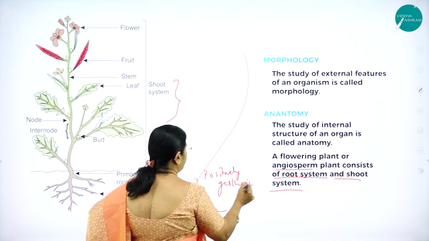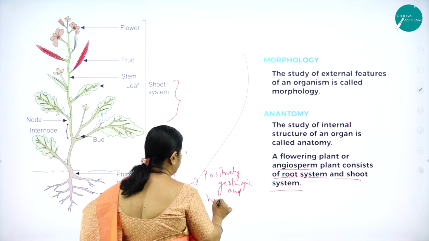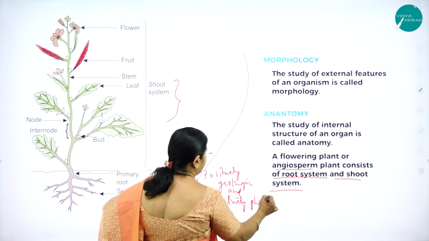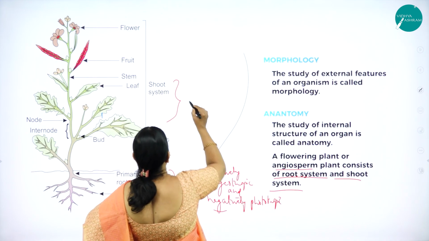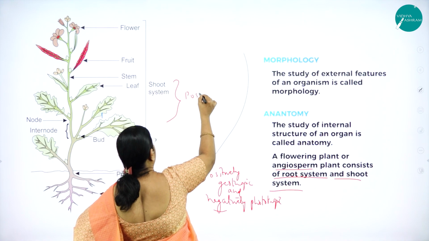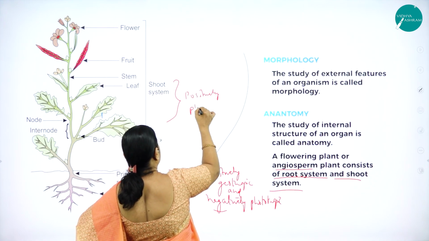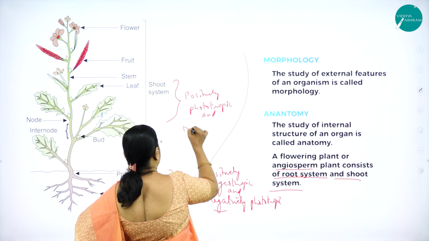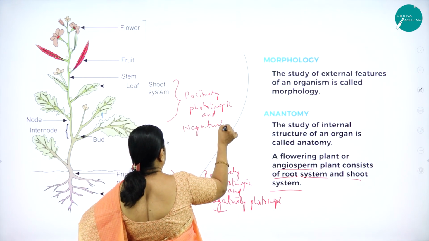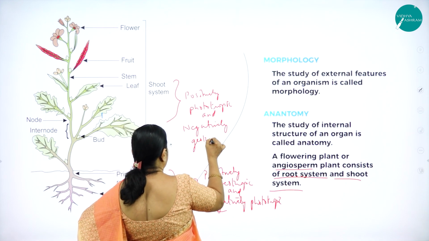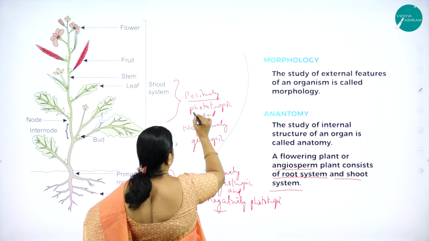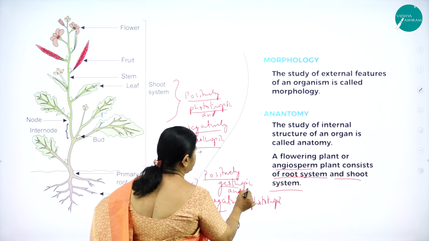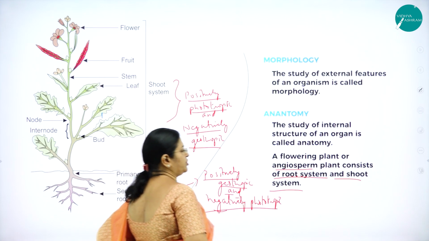I'll tell you what that means. Whereas the shoot system is positively phototropic and negatively geotropic. So this is positively phototropic and negatively geotropic, whereas the root system is positively geotropic and negatively phototropic.